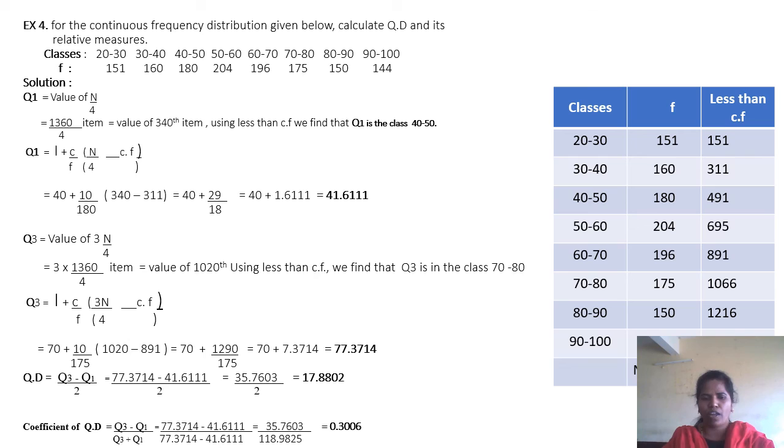Lastly, you have to find its coefficient of quartile deviation, that is Q3 minus Q1 divided by Q3 plus Q1.